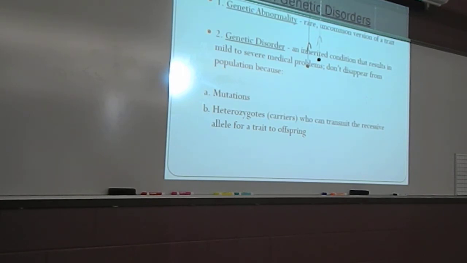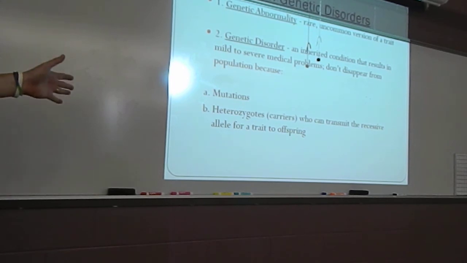That is why they used to ask for blood tests. I don't know if they still do when you get married. One, they want to make sure that your blood type, and especially the Rh factor, is the same. And two, they can do a karyotype if you're really interested. If you have something in your family history, some genetic disorder, and you don't have it, but you want to know if you can pass that on, they will do a karyotype and see if you're heterozygous for that, or if you're not carrying it.